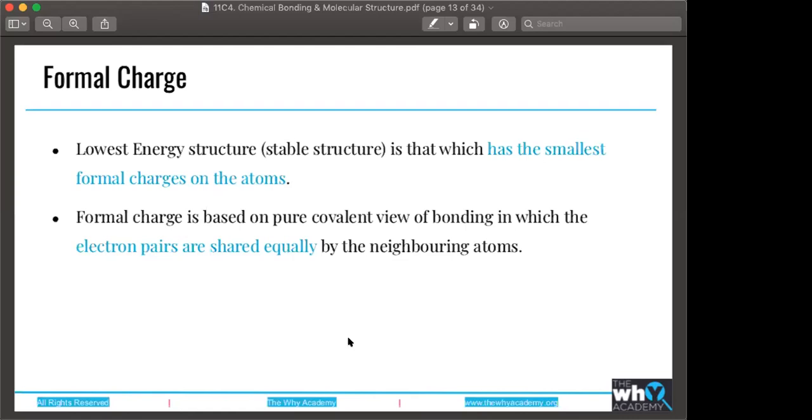But the formal charge became 0 with the structure that included the double bonded atoms. So obviously 0 is less than 2, so that would be the more stable structure rather than sulfur losing 2 of its electrons. Another thing is that it is based on a pure covalent view of the bonding, in which electron pairs are shared equally by the neighboring atoms.